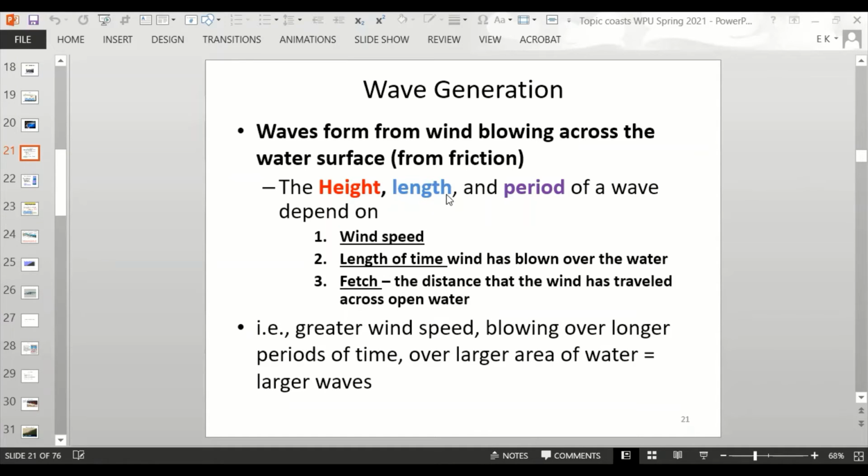The height, the length, and the period of a wave depend on the following: wind speed, the length of time that the wind has been blowing over the water, and the fetch, the distance that the wind has traveled across open water. In other words, the greater the wind speed blowing over a longer period of time over a larger area of water is going to create larger waves.